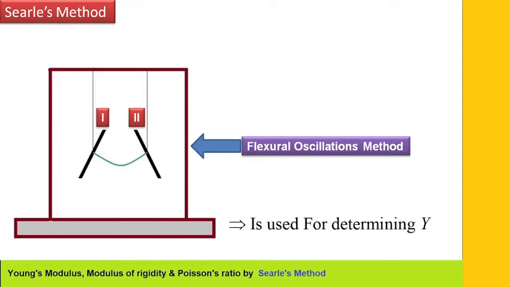This metal wire is connected with the bars, bar 1 and bar 2, in this manner, and bar 1 is hung with a thread to the fixed support. Bar 2 is also hung to the fixed support with a thread like this. Both the bars are free to oscillate in free atmosphere.